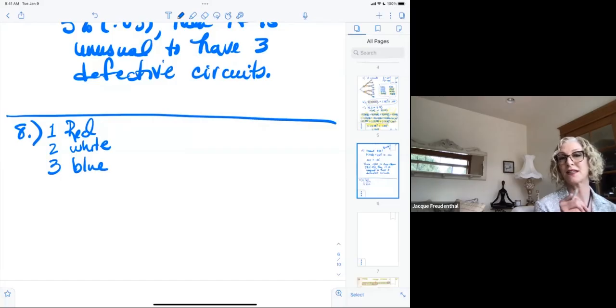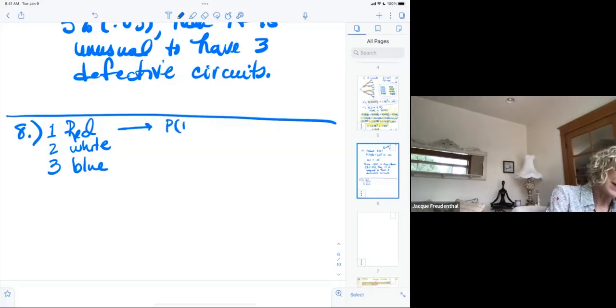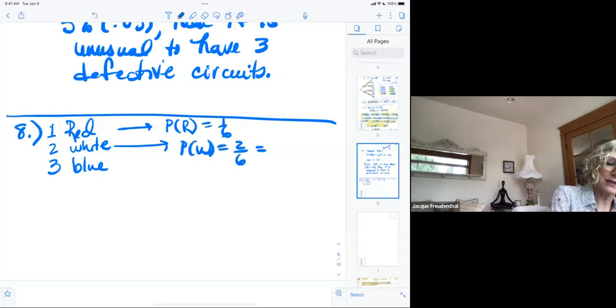I have 2 out of the 6 chances to get a white, and 3 out of the 6 chances to get a blue. So the probability of a red is 1 out of 6. The probability of a white is 2 out of 6, which reduces to 1/3. And the probability of getting a blue on one roll is 3 out of 6, or 1/2.